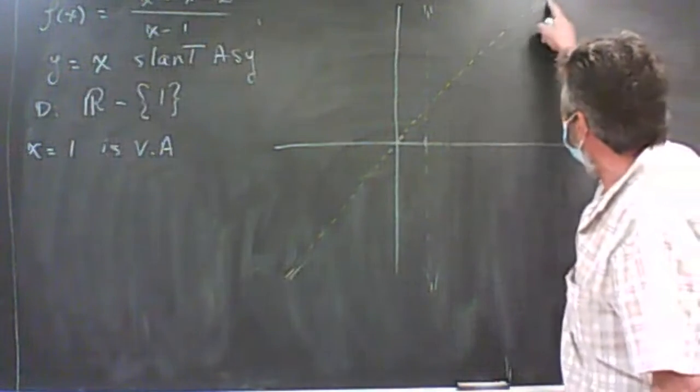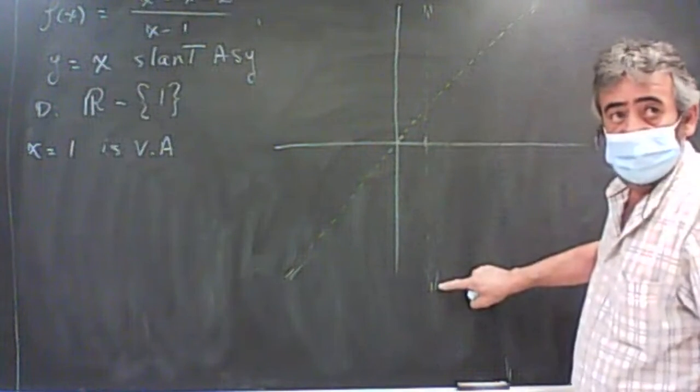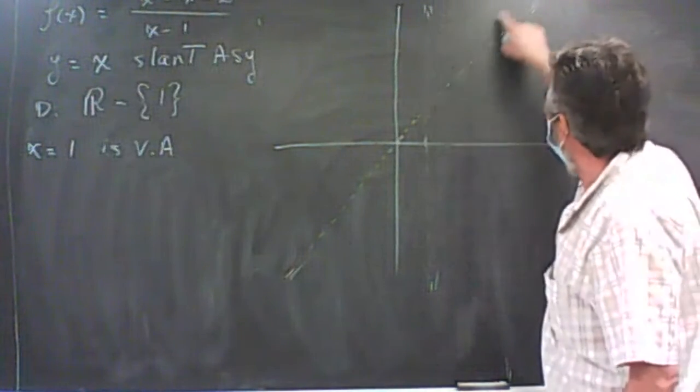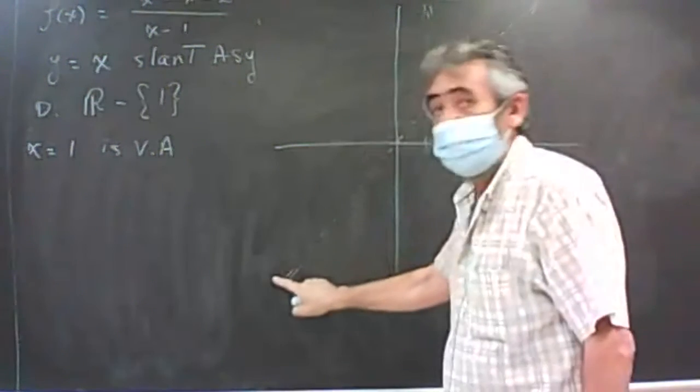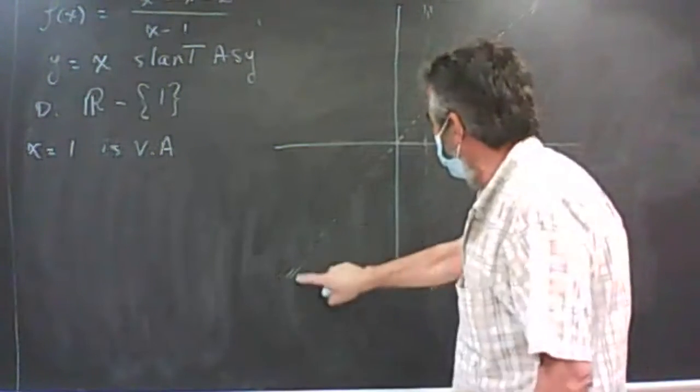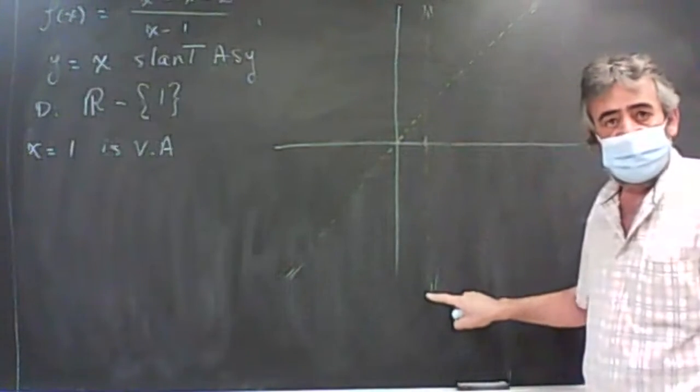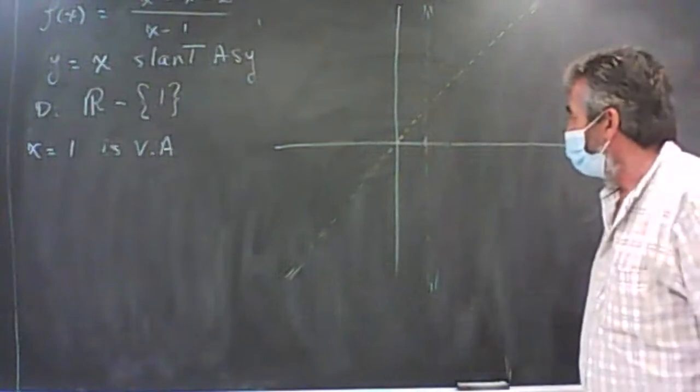Let's see a number before and a number after, and see where we land. If I land in this region, it goes like that. If I land in this region, it goes like that. If I land here, it goes like that. If we land here, it goes like that. Let's see.